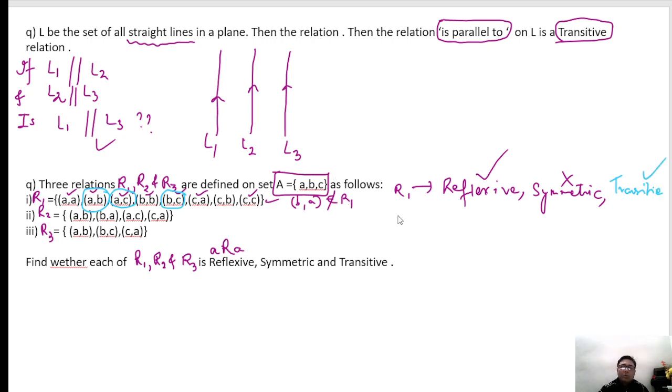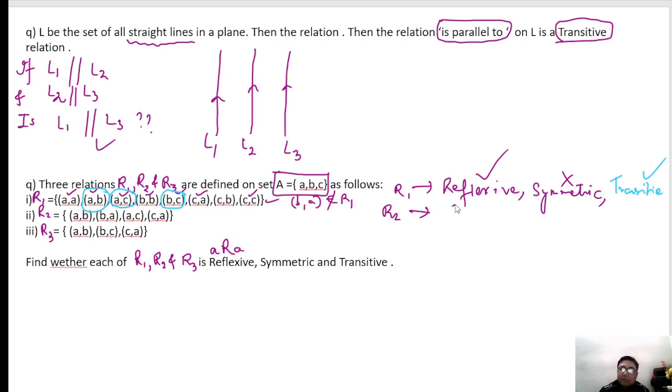Next come to R2. चलिए R2 में आते हैं. Is AA there? AA नहीं है, BB नहीं है, CC नहीं है.